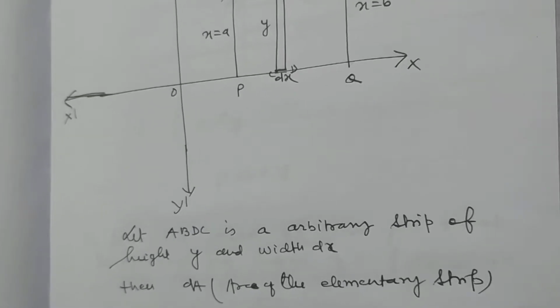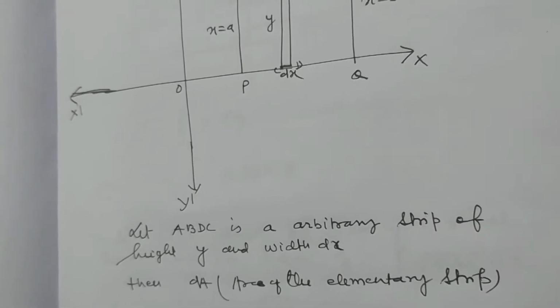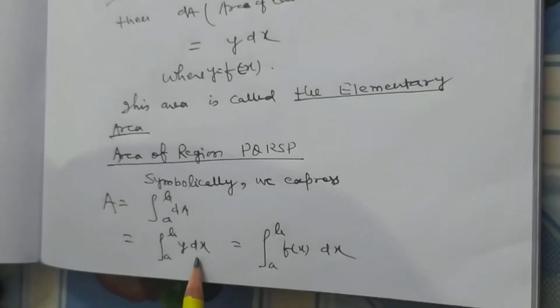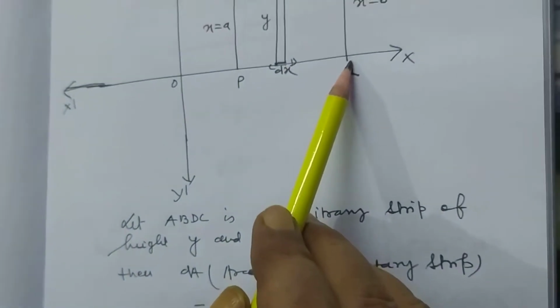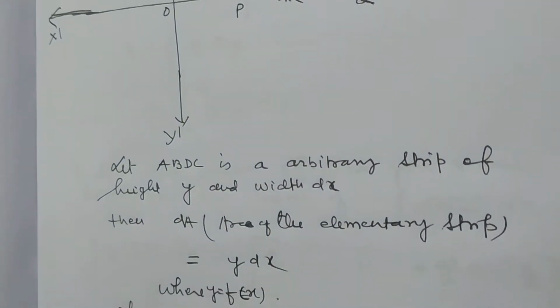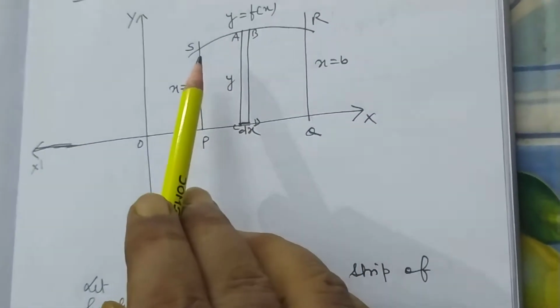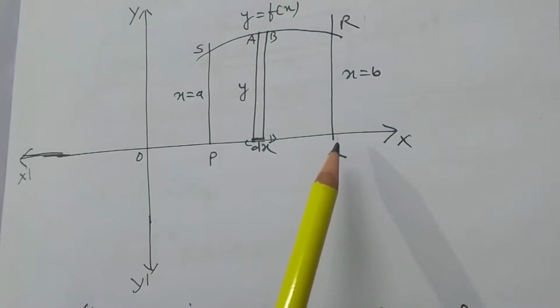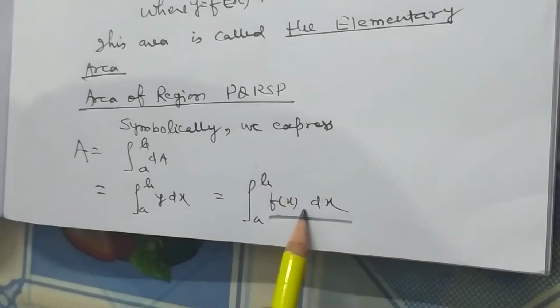Keep in mind this concept, this intuition. We have the integral from a to b of y dx. We integrate it from a to b, and the area of this strip is y into dx, and y is equal to f(x), so the area of this region PQRS is the integral from a to b of f(x) dx.